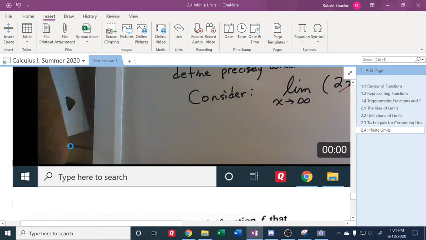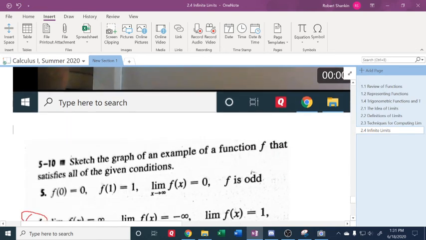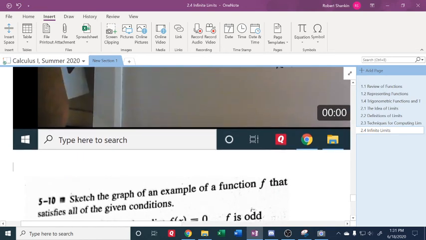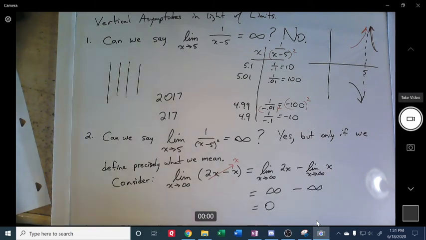That's what we're going to wind up doing today. For certain answers, instead of saying does not exist, we're going to have another optional answer, which will be infinity or negative infinity. So we will wind up doing like this one. That limit we would still say does not exist.